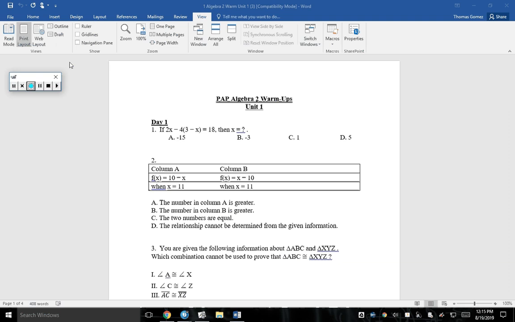Some people might prefer to put all of their warm-ups in one space, and that would work too. I probably would do that, put all my warm-ups in one space. That's up to you. Just the first tab. The first tab is Unit 1, Tools of Algebra. Okay? All right.